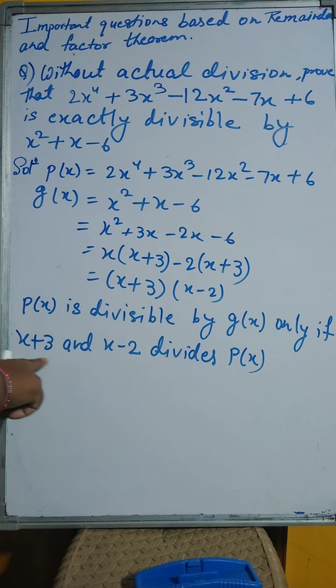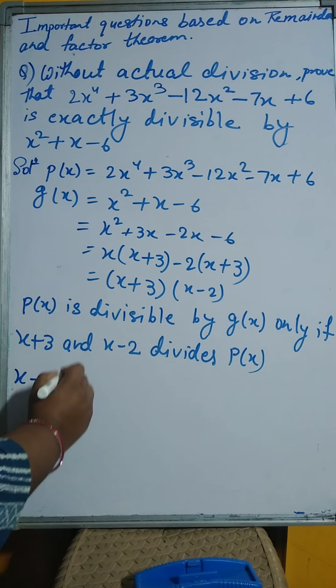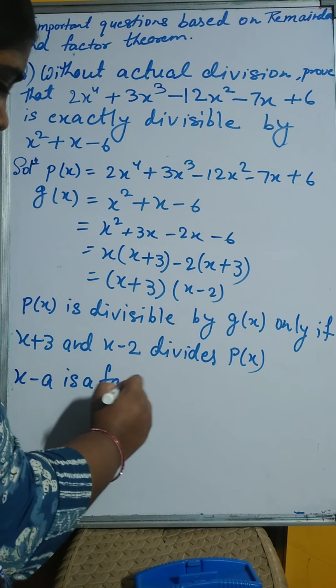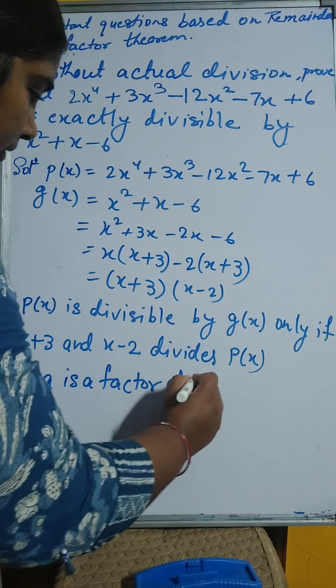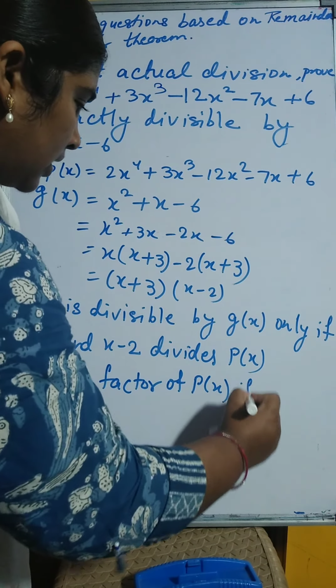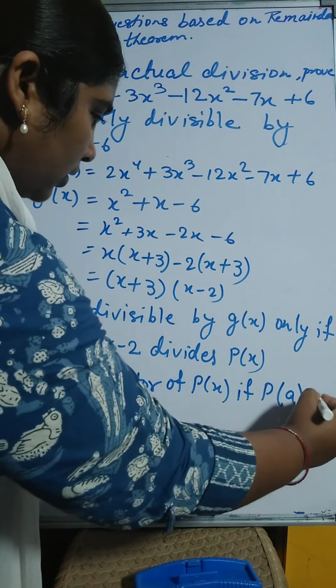And when will x + 3 and x - 2 be factors of p(x)? We have studied in the factor theorem that x - a is a factor of p(x) if p(a) is 0.